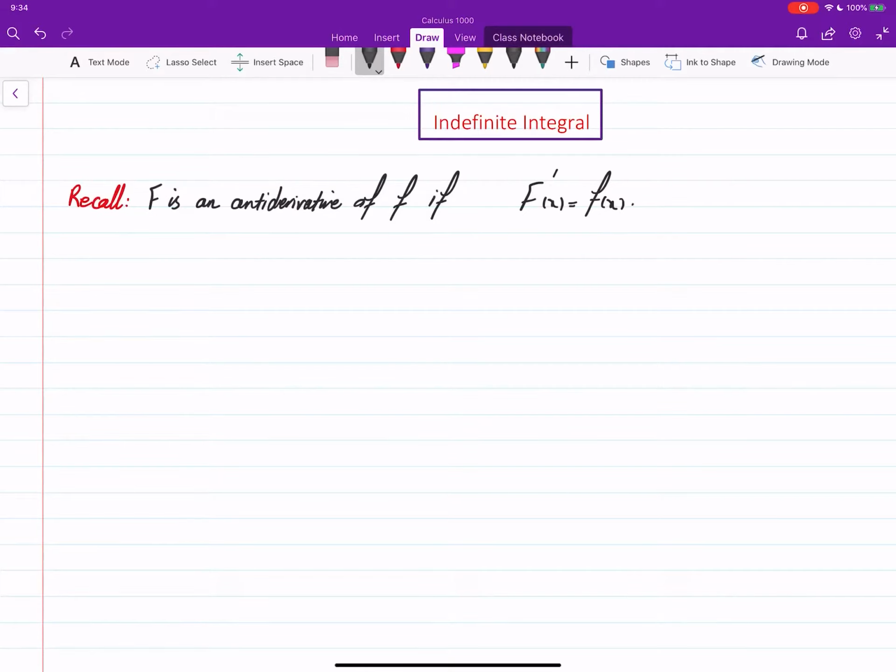This was a notion that, unlike other notions, we haven't chosen any notation for. We always write that this is an antiderivative of f, and always repeat this word, the antiderivative.